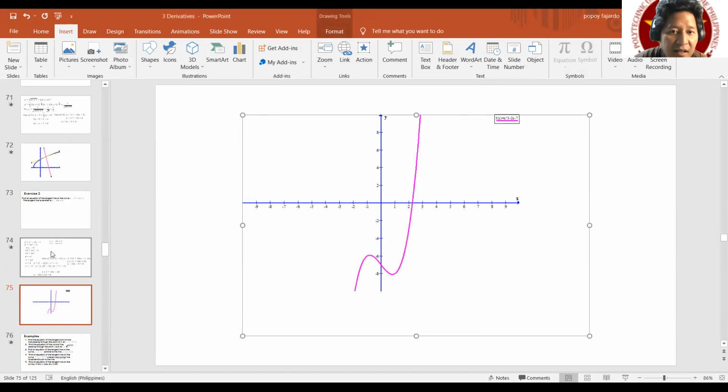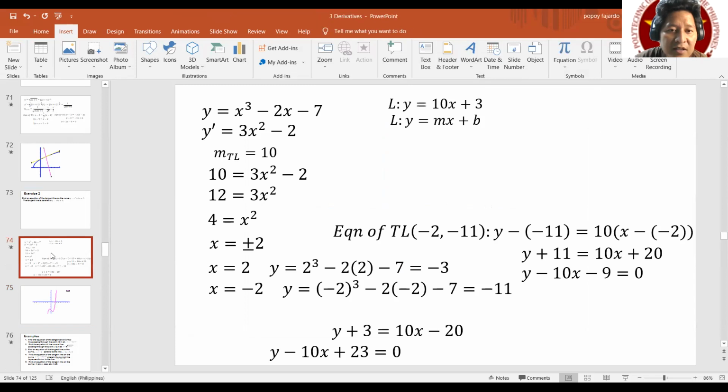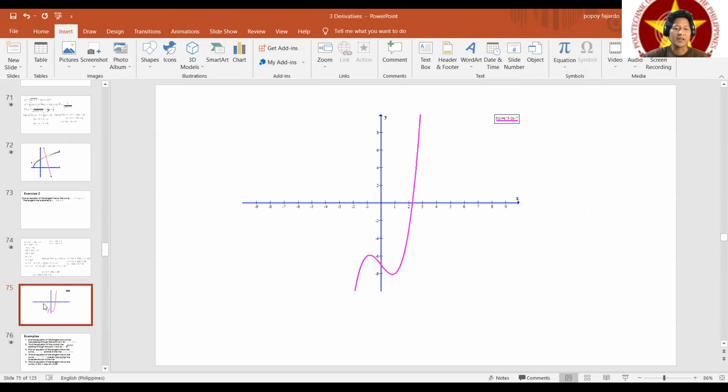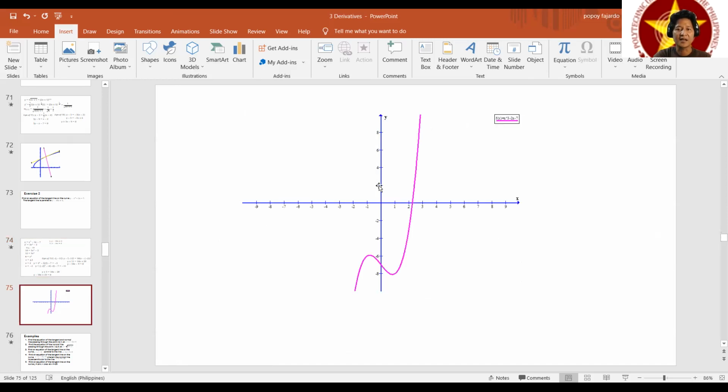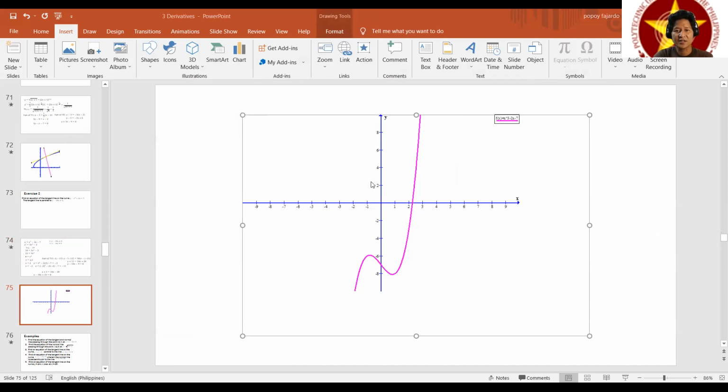Tama ba yung ating x cubed minus 2x minus 7? Siya. So, ang kailangan natin i-consider is the points of tangency. I-graph muna natin si y equals 10x plus 3 pala. Palitan natin ang kulay. Okay. So, ito yung tangent line natin.